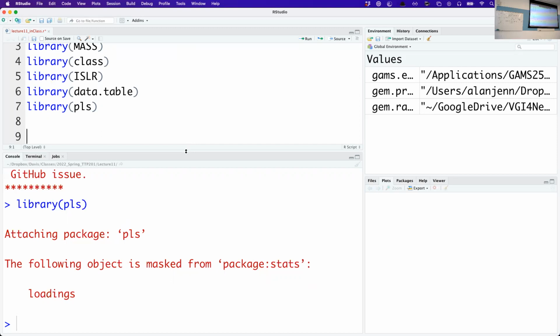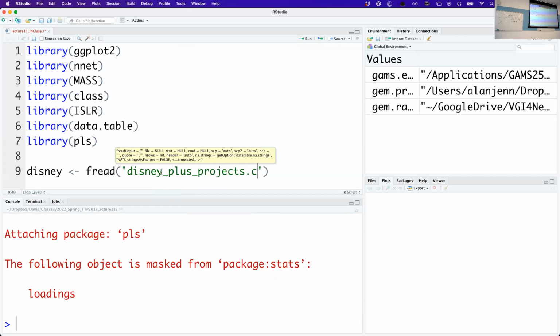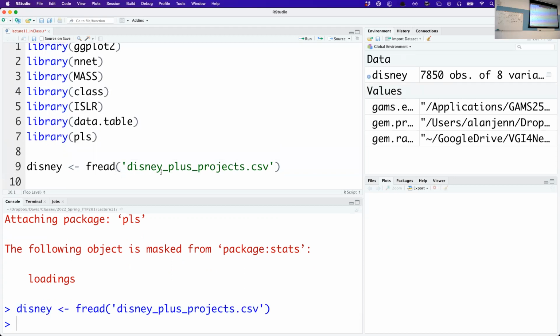Let me shrink this down a little bit so you can see. So I'm going to load in this data set here. Okay, so what is this data set?